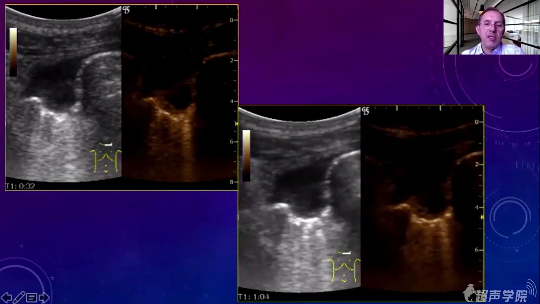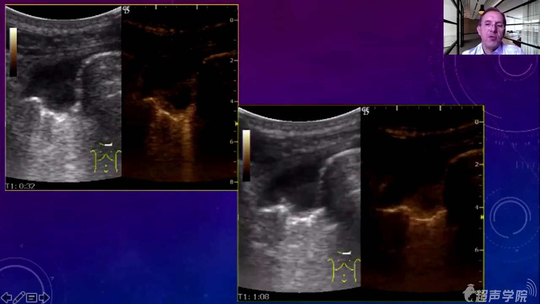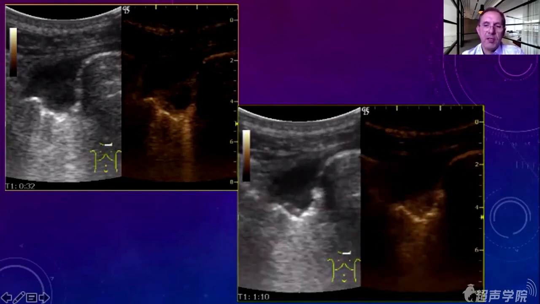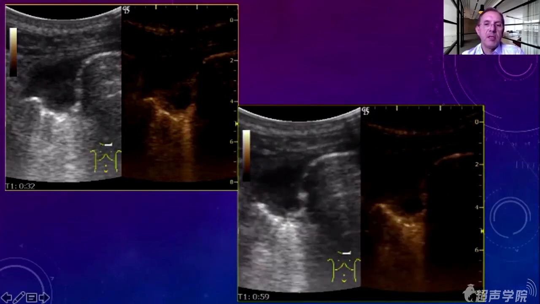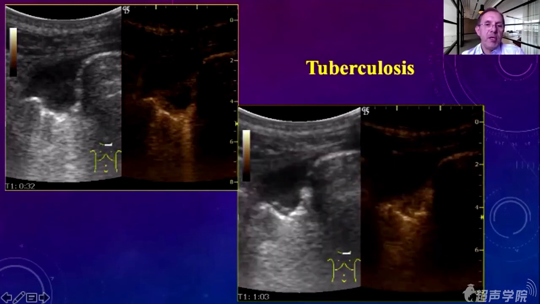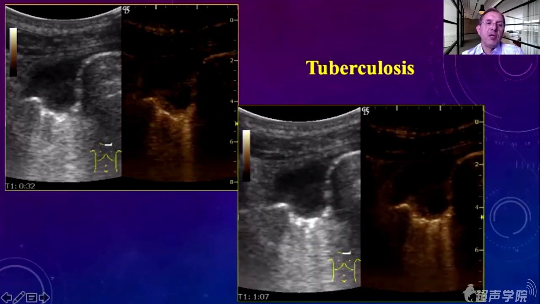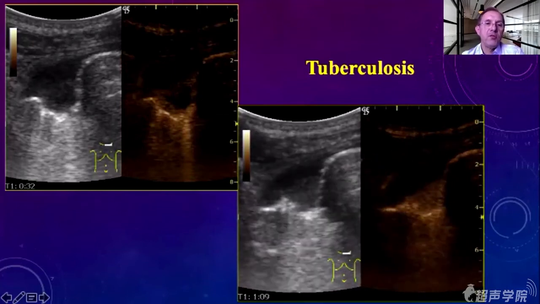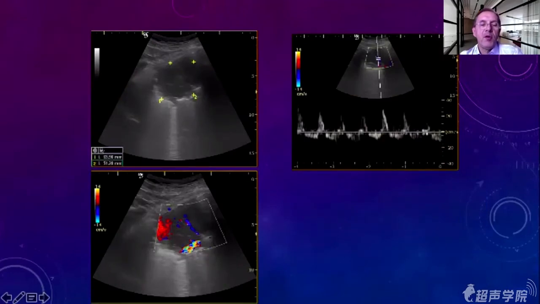So based on these findings, and trying to demonstrate the nature of that lesion, we did a biopsy, and the result was tuberculosis. So this demonstrates that in some benign lesions we also have vascularization through bronchial arteries. So bronchial artery supply does not always mean malignant tumor.